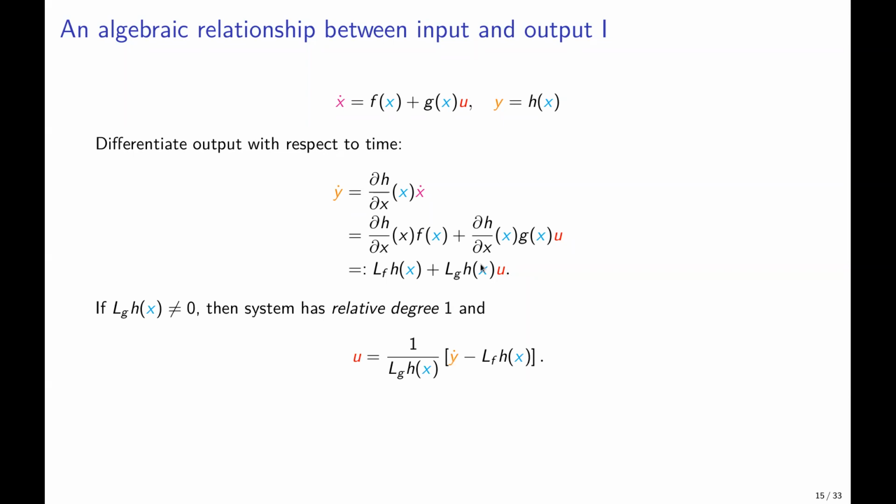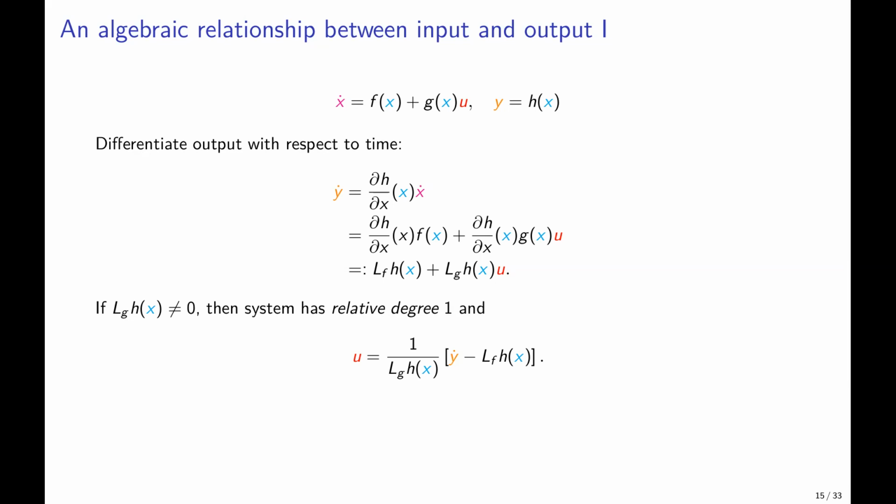So if this term here in front of U is non-zero, we can divide by it, and there we have it. We have an equation that gives us the input for a certain desired derivative of the output. It's not the output, but it's a derivative of the output. And if this term is non-zero, we say the system has relative degree 1. We have to take one derivative of the output to get a relationship to the input.